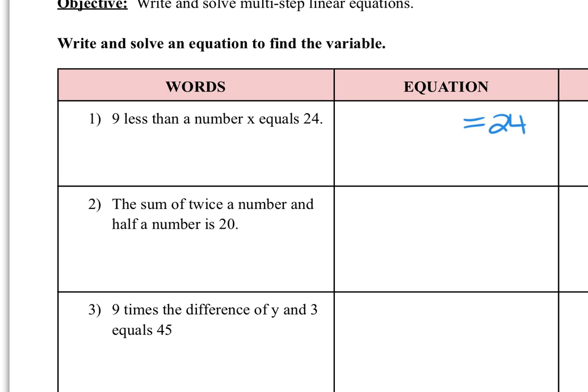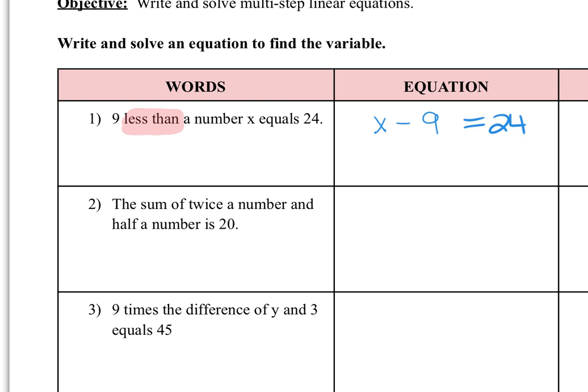When it says 9 less than a number, that means you're starting with the number x and saying you have x. Now you are less 9. So I subtract 9 from it. So it would be written like this, x minus 9. That means 9 less than x.